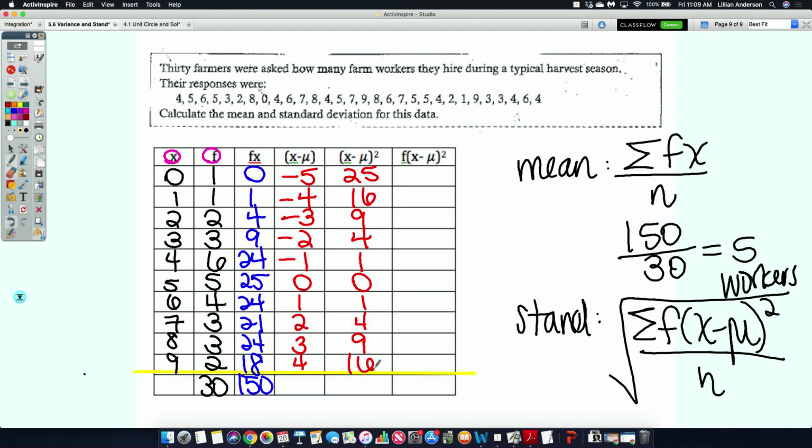Now from here, I need to take that column where I subtracted my mean from my x values and squared it, and then multiply it by my frequency. My frequency is over here, the second black column. 1 times 25, 1 times 16, 2 times 9, 3 times 4, 6 times 1, 5 times 0, 4 times 1, 3 times 4, 3 times 9, and 2 times 16.